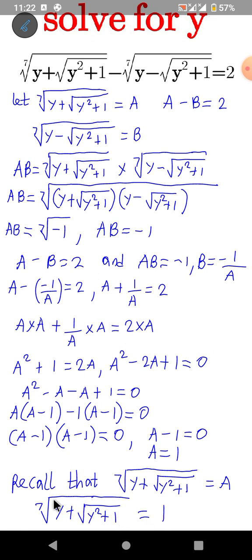Now my next step would be to raise both sides to the power of 7 to remove this 7th root sign here. So I'm going to raise both sides to the power of 7. I'll raise here to the power of 7. Then I'll raise this 1 to the power of 7. Then we continue.